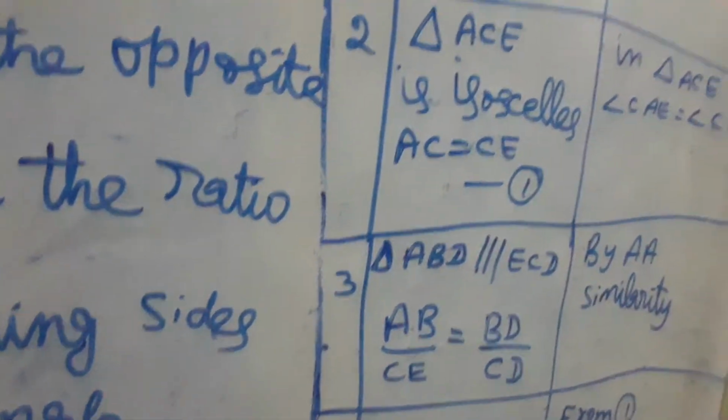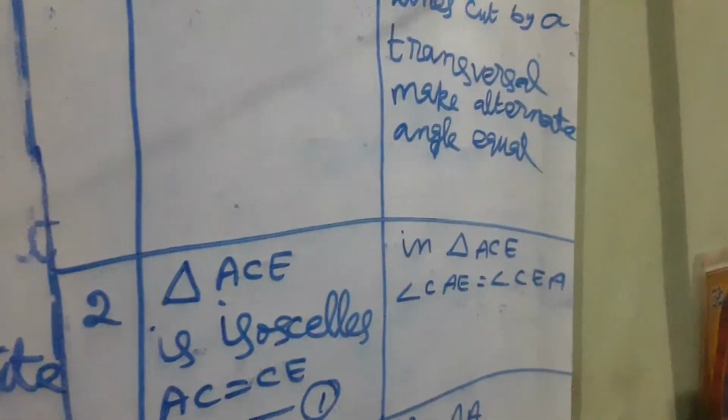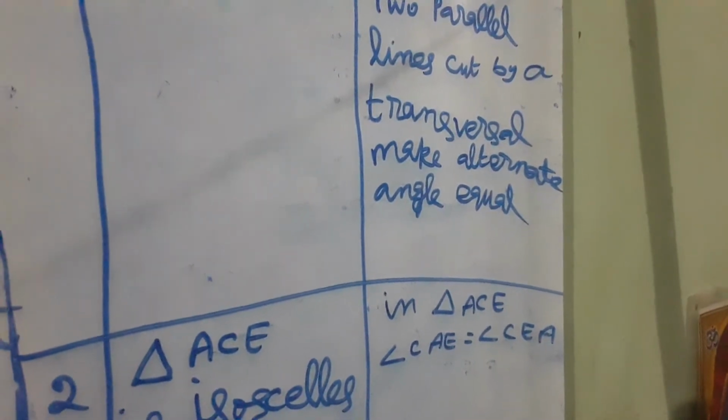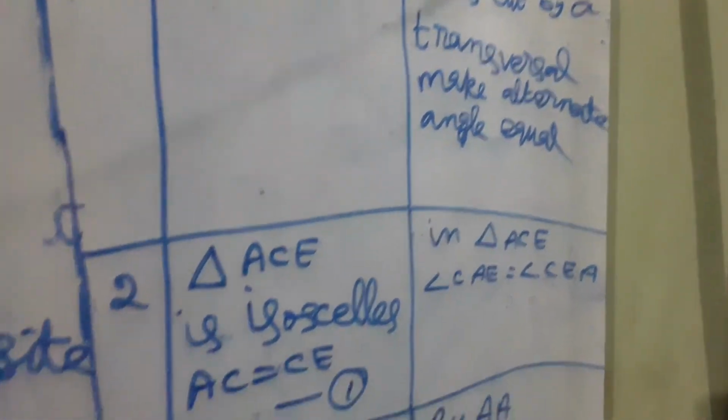Reason: two parallel lines cut by a transversal make the alternate angles equal.